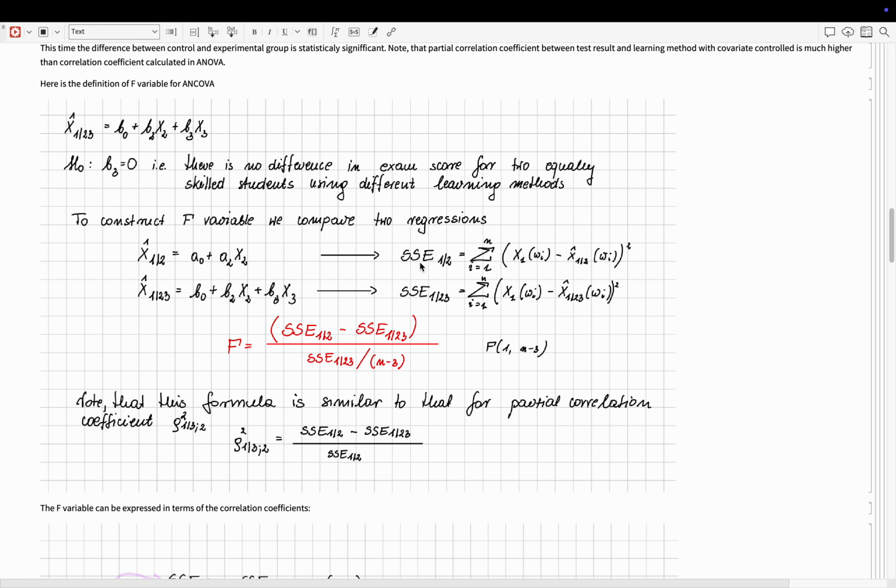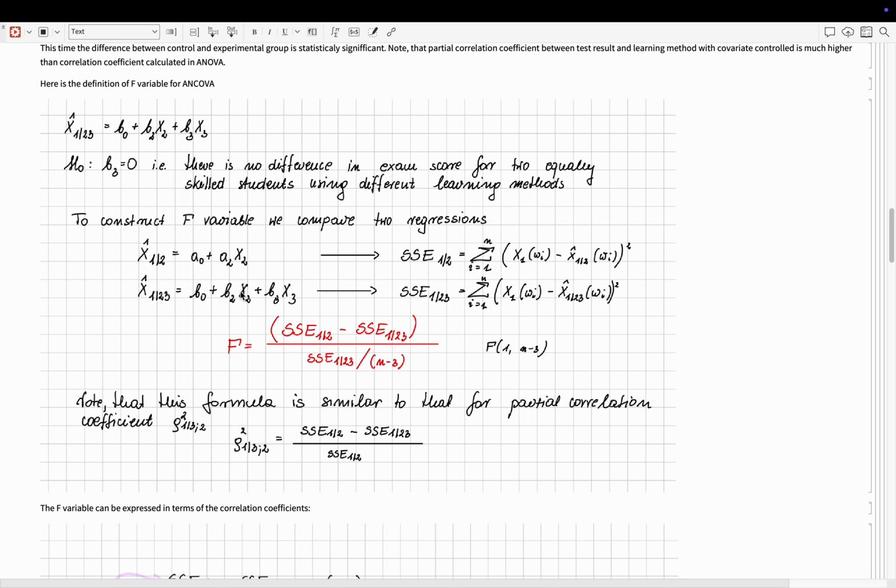In general, the full model gives a sum of squares of errors which is not bigger than the sum of squares of errors of the reduced model.